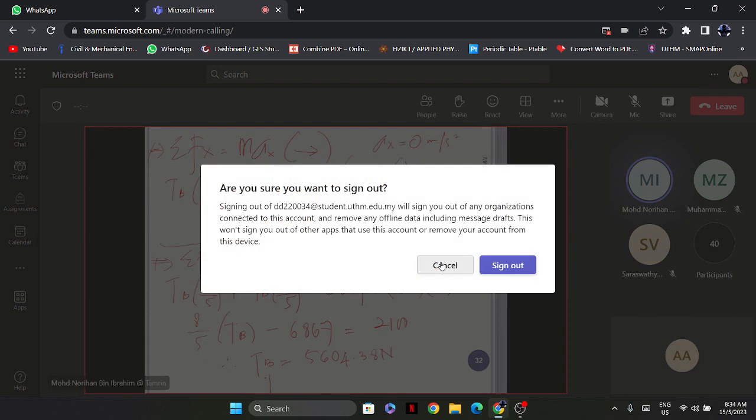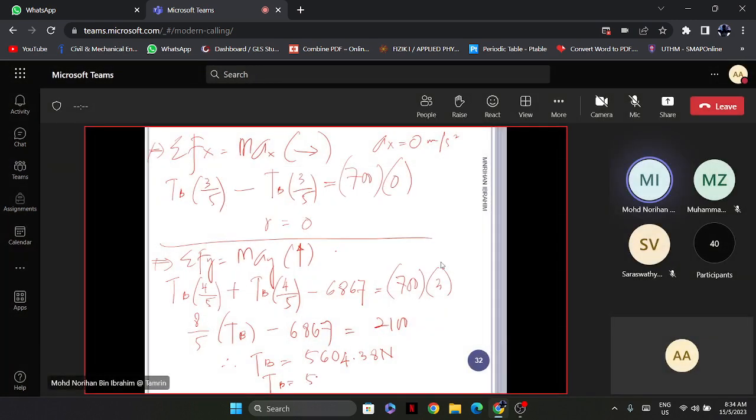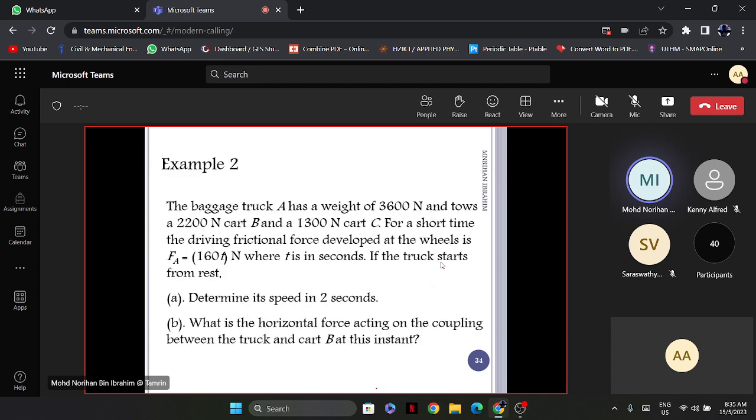That is approximately 5.6 kilonewton. So we got the answer already. So that is the method of solution for problem 1. Is there any question before we continue with example 2? Okay, class, is it okay? Yes, sir.